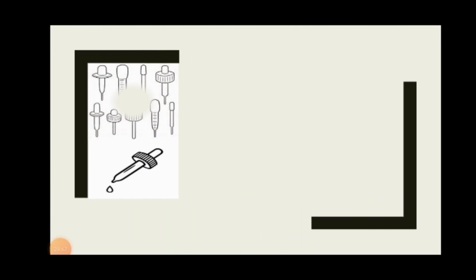Yes, you are correct. This is a dropper. There are a lot of forms of droppers. Actually, this is commonly used for infants, babies, when they get sick and need medication, they use a dropper because a spoon is not suitable. They can't take the medicine that way. So that's why a dropper is used, for allowing the liquid or the syrup to be put into their mouth.